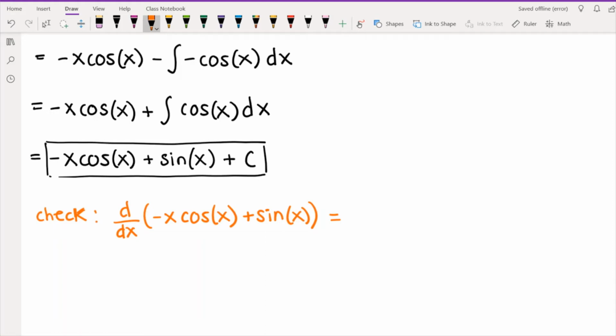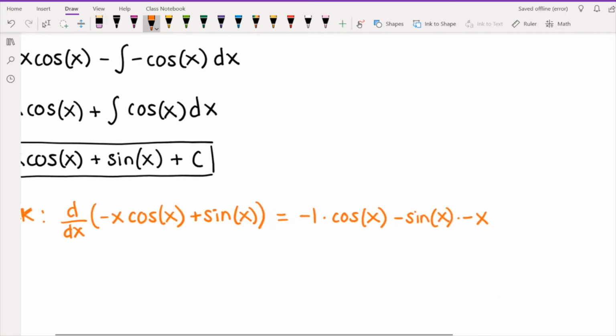So the product rule for the first part is going to give us negative 1 times cosine of x. And then we take the derivative of cosine, so that's negative sine of x times negative x. And then for the second part, we don't have to use the product rule, we just take the derivative of sine. So that's cosine of x.